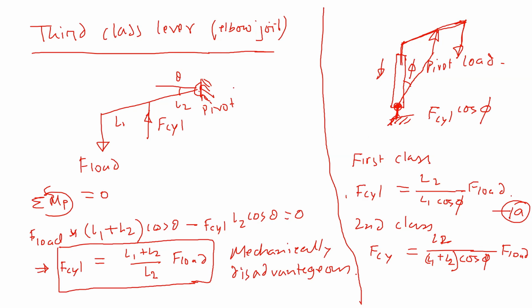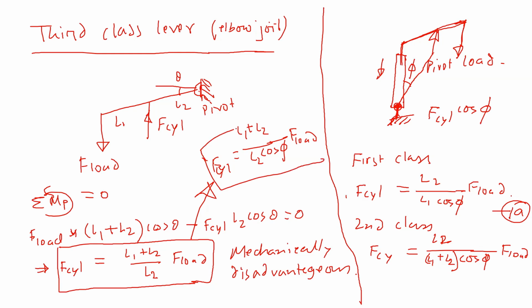Phi is the cylinder angle and theta is the lever angle. So if we change the third class lever equation, it's going to look like F cylinder is equal to (L1 plus L2) divided by L2 cosine phi, times F load. So that would be the case if we have a cylinder situation like this.